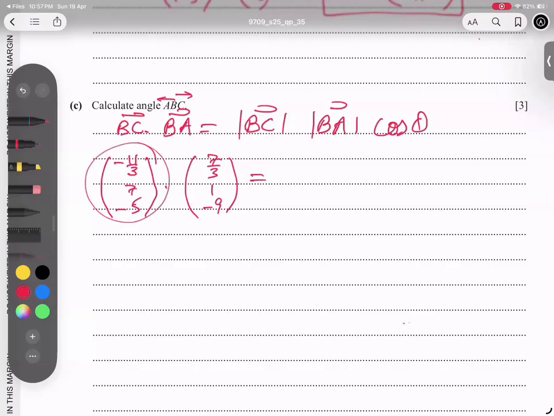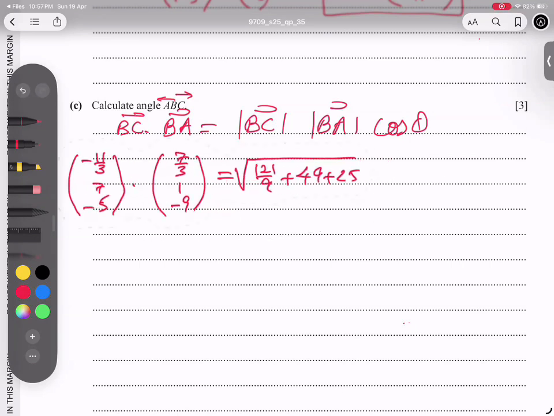And this magnitude I can find directly like this. Square root of 121 over 9, square of 7 is 49, and square of 5 is 25. This part is very clear. What about the other magnitude? 7 over 3, so 49 over 9 plus 1 and plus 81. And cos theta.